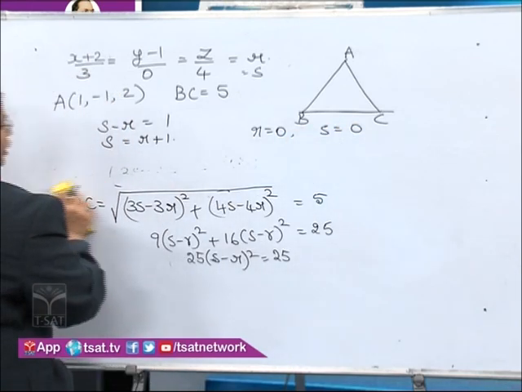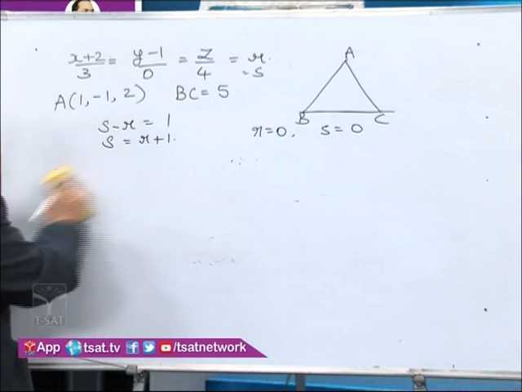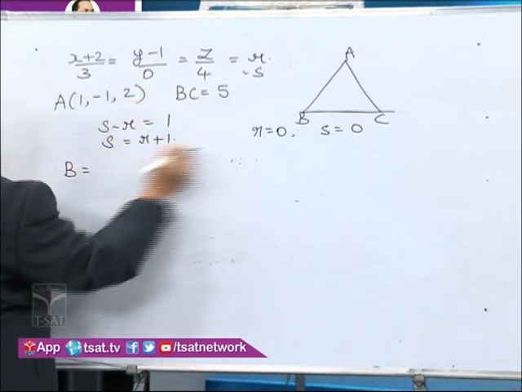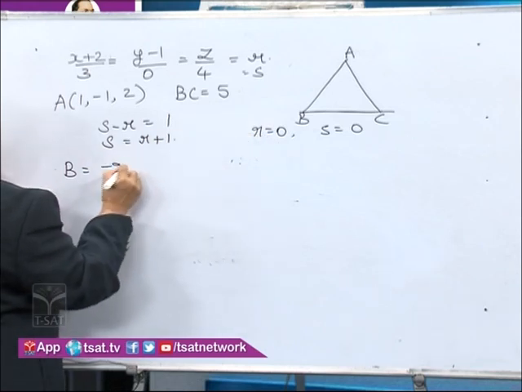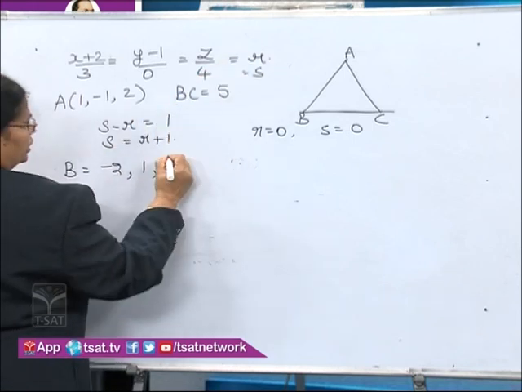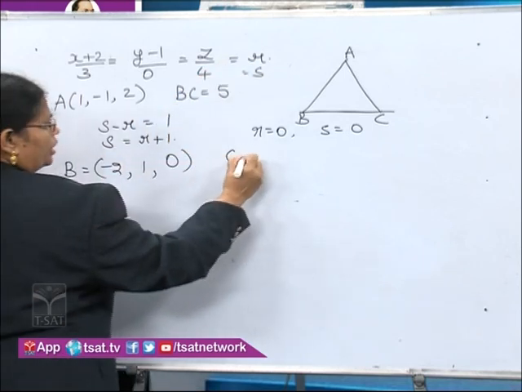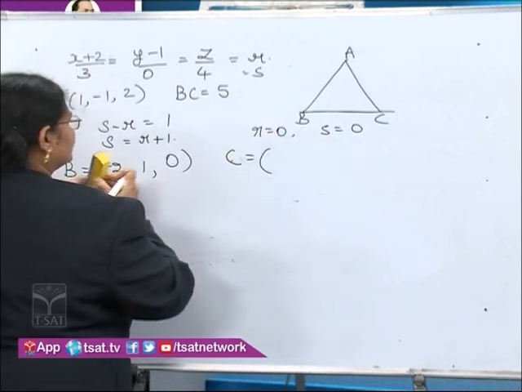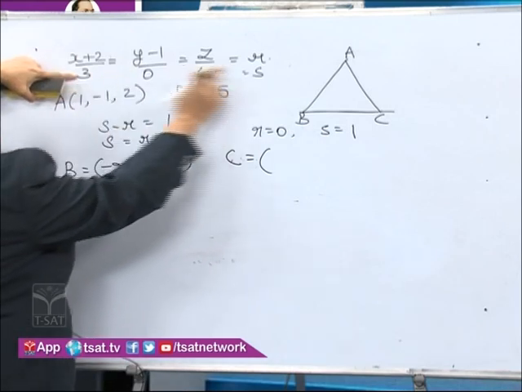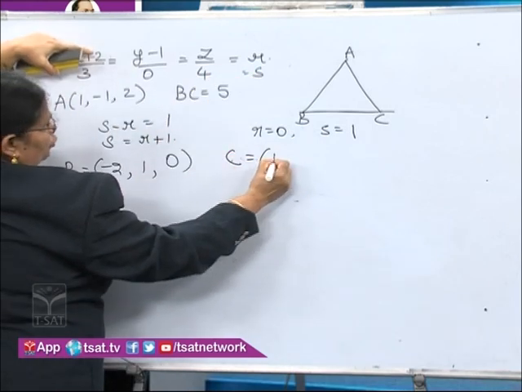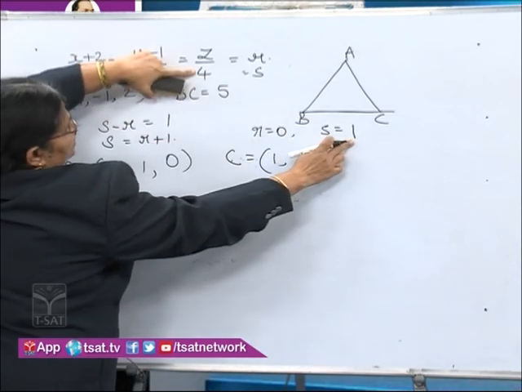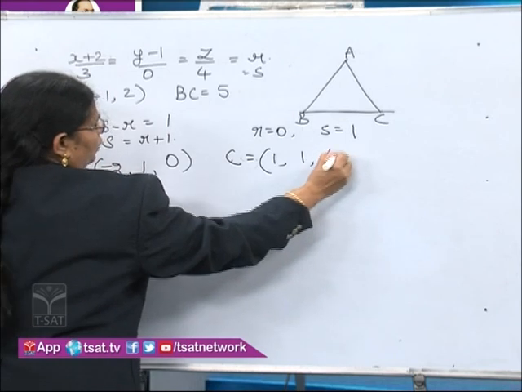So the points will be: B is 3r minus 2, so it is minus 2, 1, 4r, so it is 0. C, with r is 0, s is 1: 3 into 1 minus 2, 1, 4 into 1, so it is (1, 1, 4).